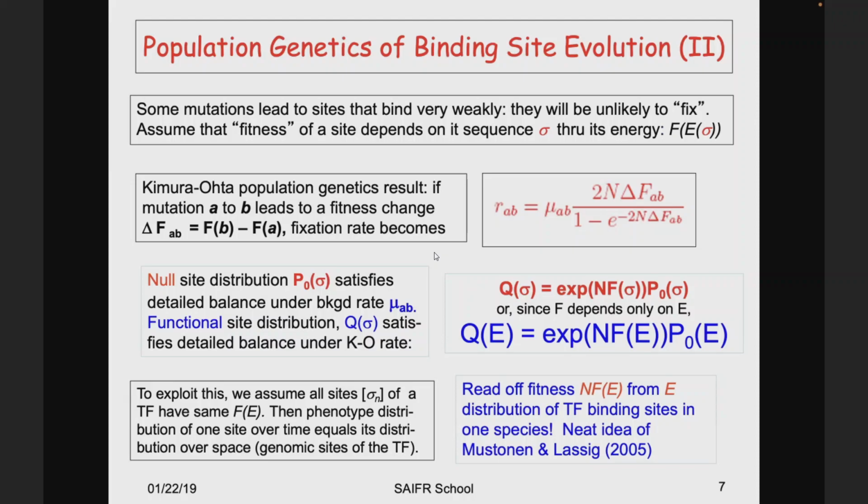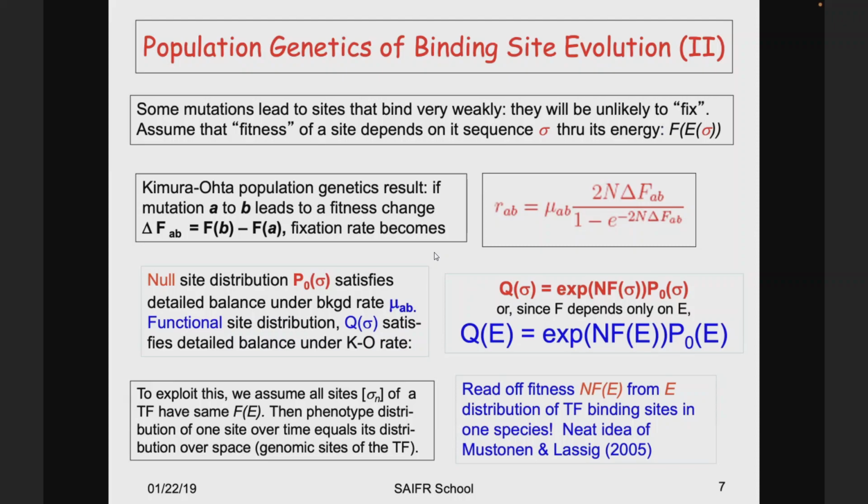He says if there is a change in the fitness, the relative growth rate of allele A and allele B, then what can you say about the probability that this mutation will actually fix?